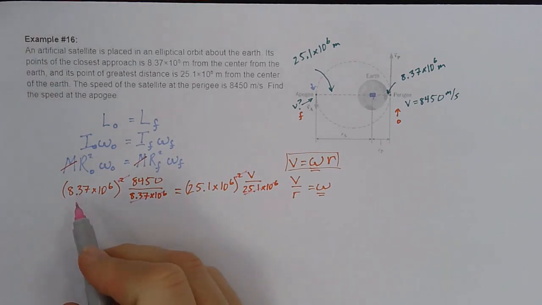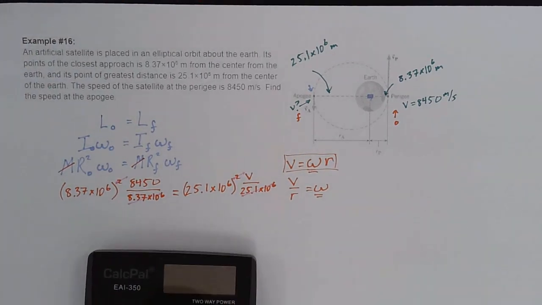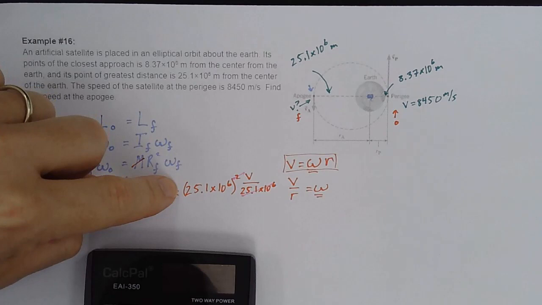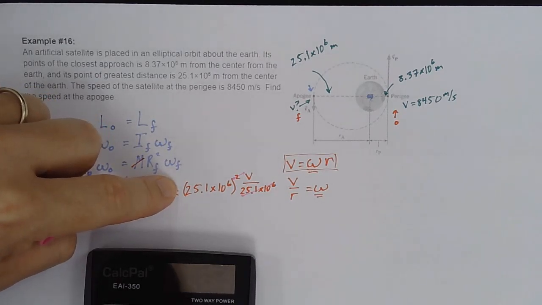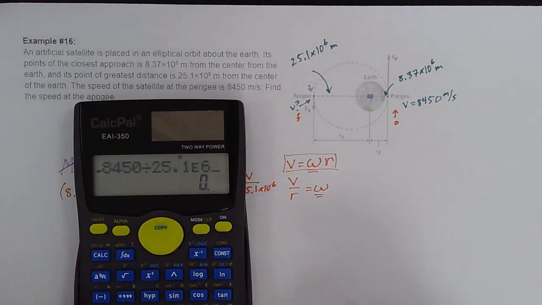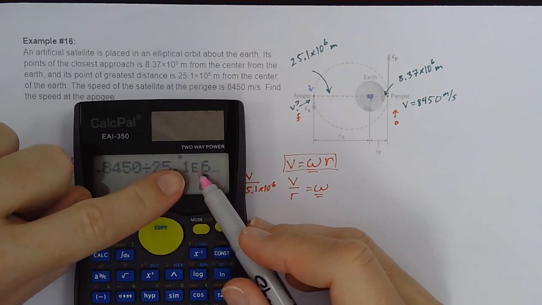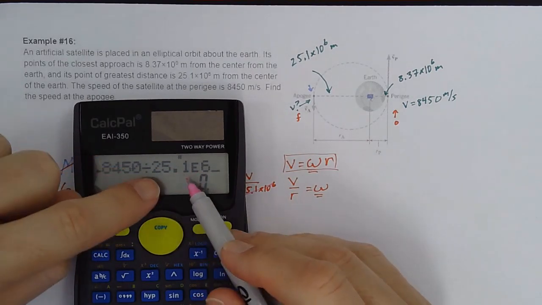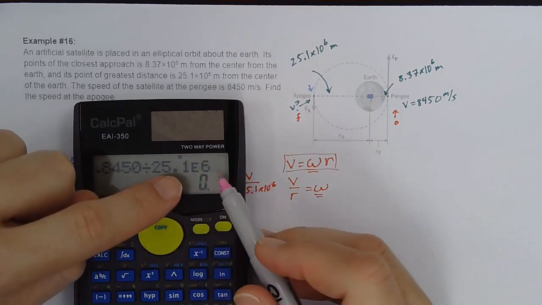Essentially I'm just going to take that 8.37 times 10 to the 6th, multiply it by the 8.450, and then divide by the 25.1 times 10 to the 6th power. On my calculator, I'm using the E. E stands for times 10 to the, so this 25.1 E6 is 25.1 times 10 to the 6th.